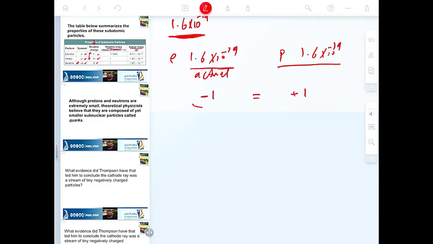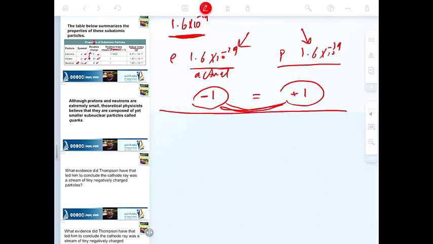We call the 1-to-1 value the relative charge because it explains the relationship between them, but the actual charge is the value of the charge.